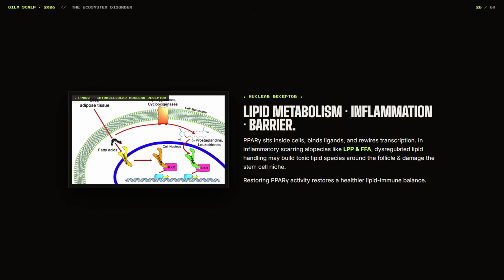So in this case, if you're looking at your sebocytes, for example, your sebocytes are part of your sebaceous glands. They help produce sebum. If you have a lipid that can connect to this receptor, and the receptor is like a keyhole, if it can connect perfectly or sufficiently to that receptor, it can create this complex, and that complex can go into the area of your cell called the nucleus, which houses your DNA.